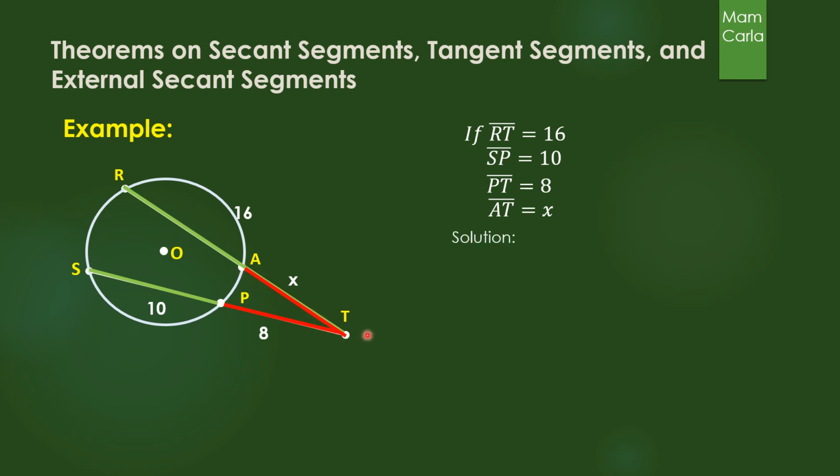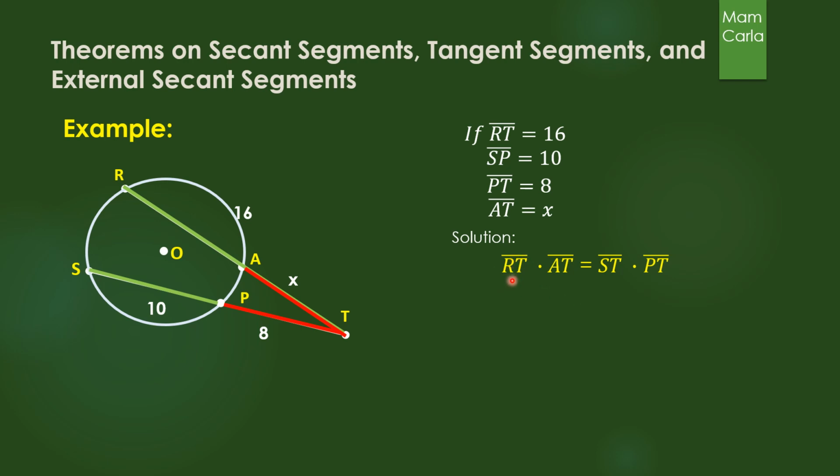So for the solution, applying the theorem, we have line segment RT times the measure of line segment AT equals the measure of line segment ST times the measure of line segment PT.